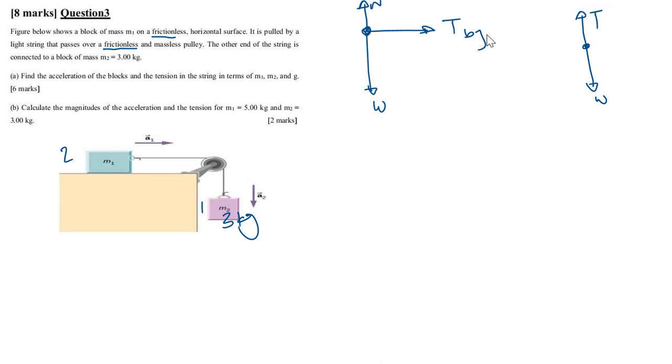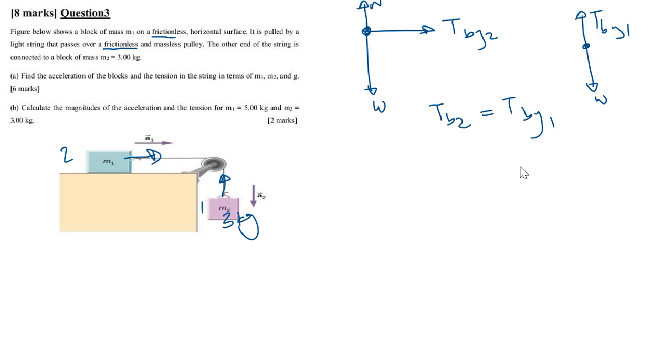This is tension by 2, this is tension by 1. Because of Newton's third law we can simply state that T by 2 is equal to T by 1. The reason is action reaction.